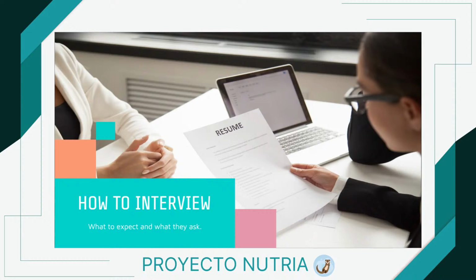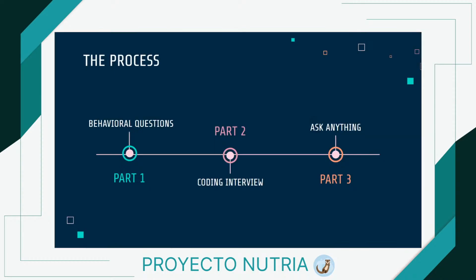An interview has different parts that are fixed, independently from company to company, and there is a general schema for how to answer the questions you are going to be asked. So let's review it. Next one, please. Okay, so the general interview has three main parts.